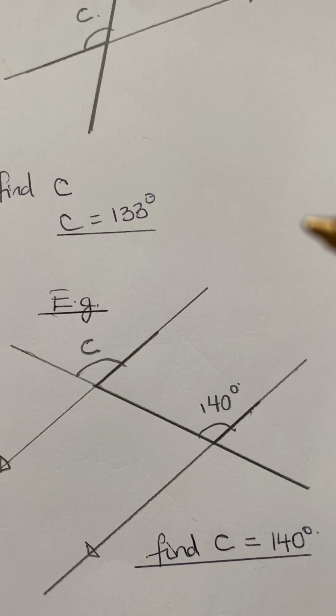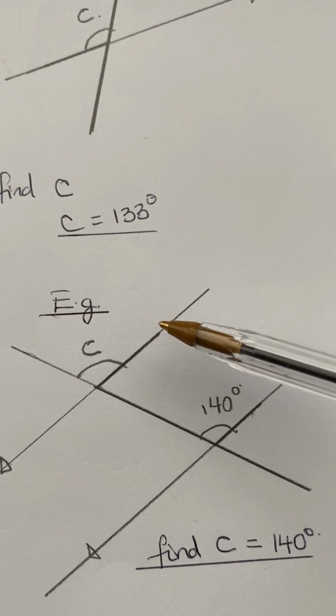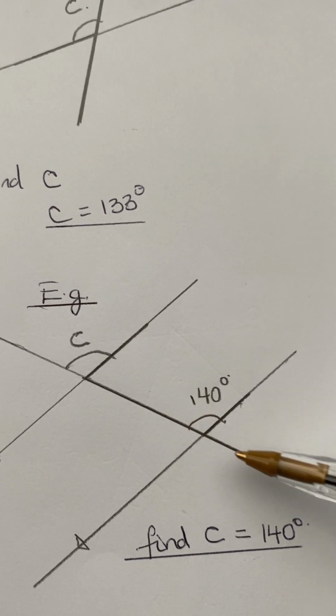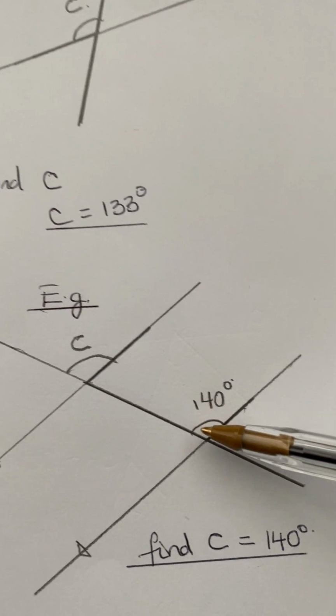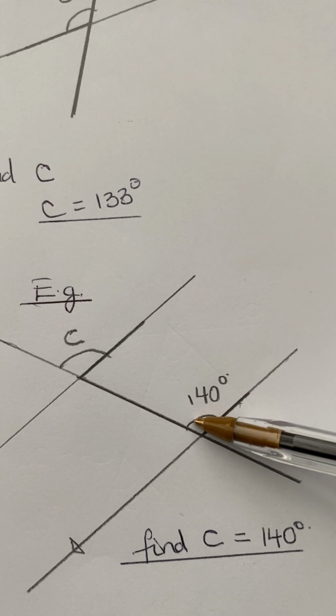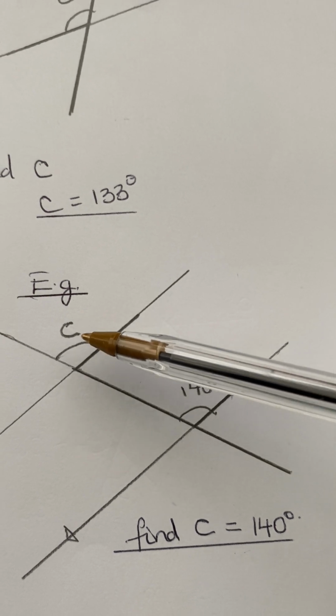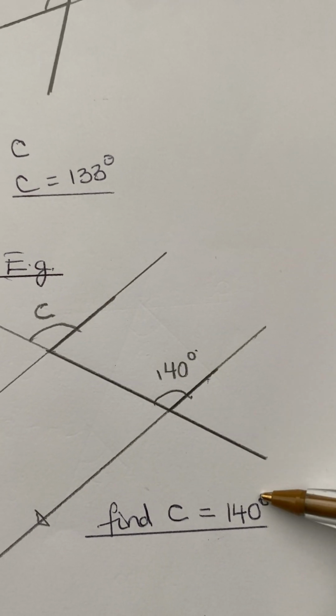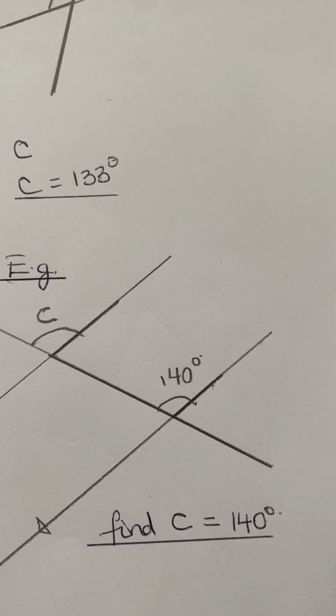But if you can just see the F straight away as I'm showing you today, then it's a straightforward thing. So 140 here, 140. So C here again is 140.